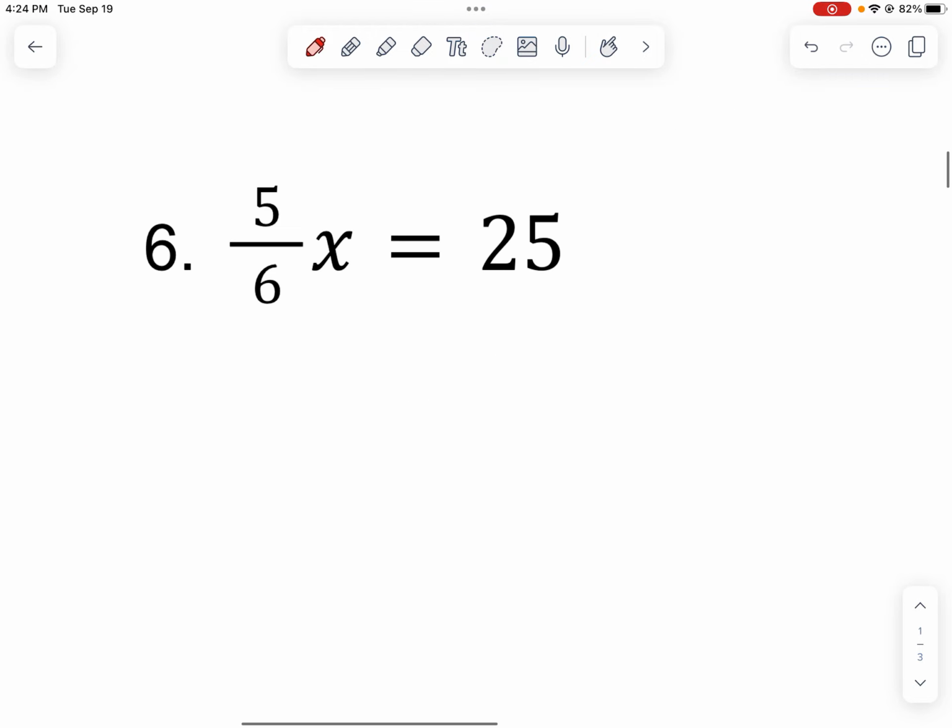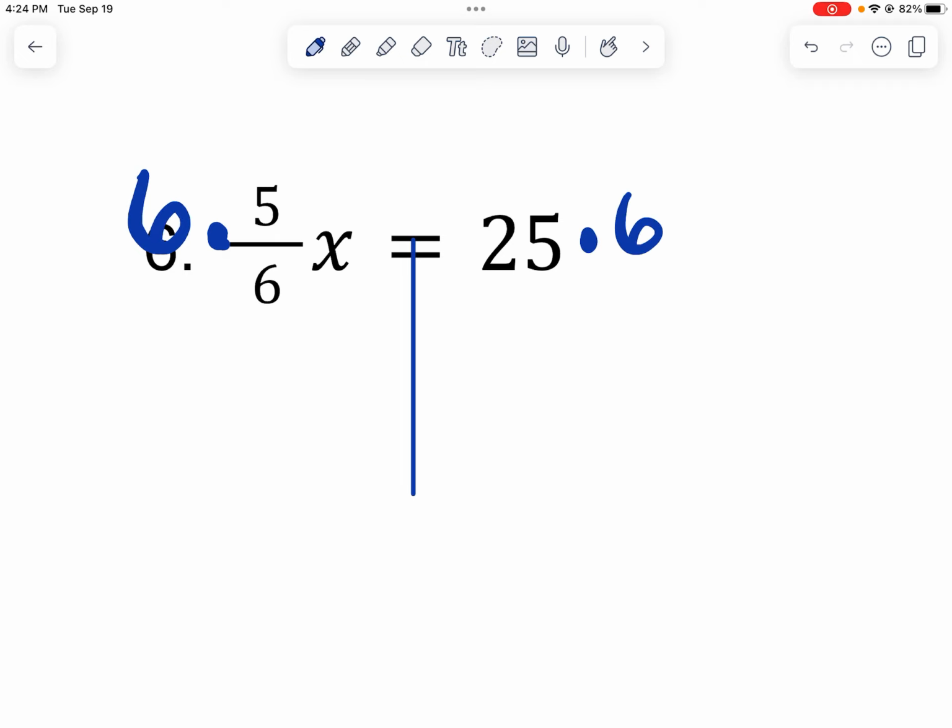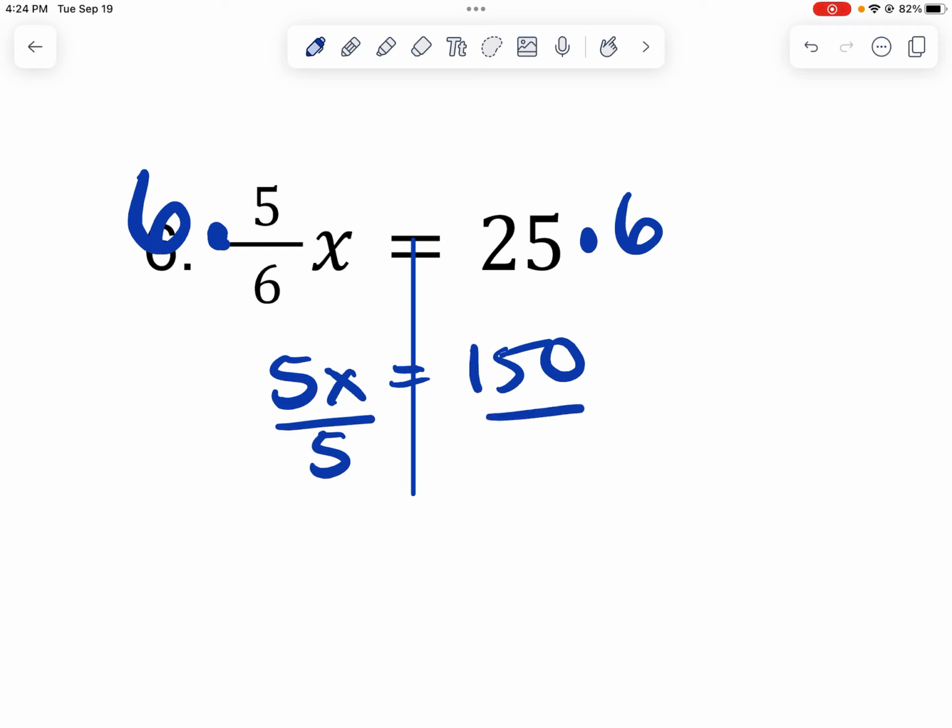So this next one, same type of deal. We don't need to have this as a fraction, so we just multiply both sides by the 6. We get 5x equals 150. Then we divide both sides by 5. We get x equals 30.